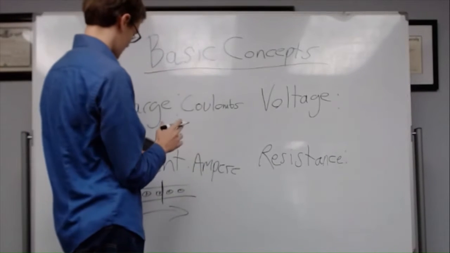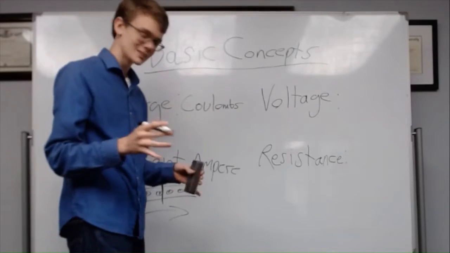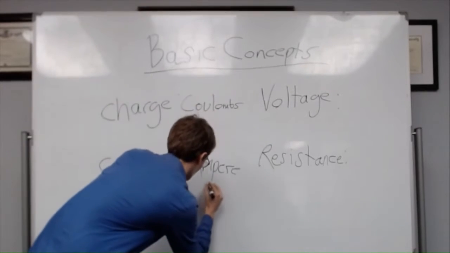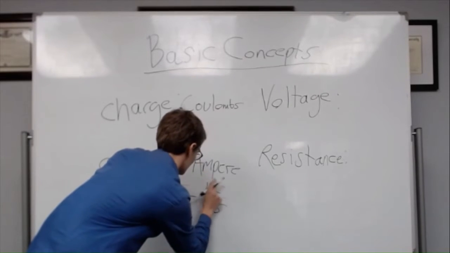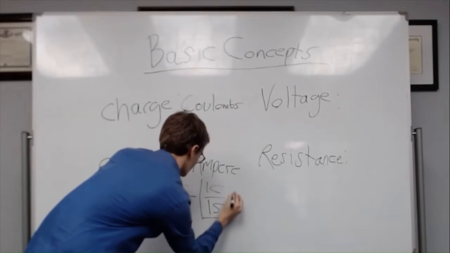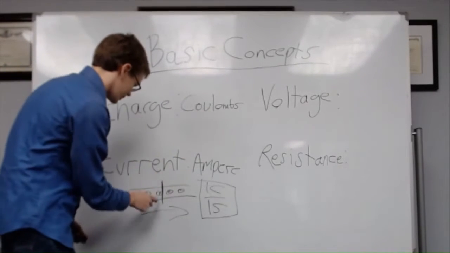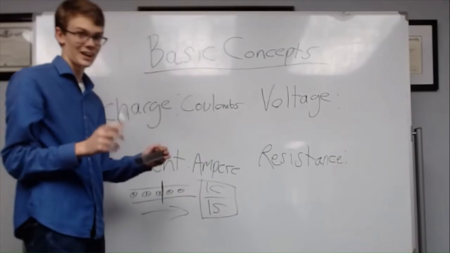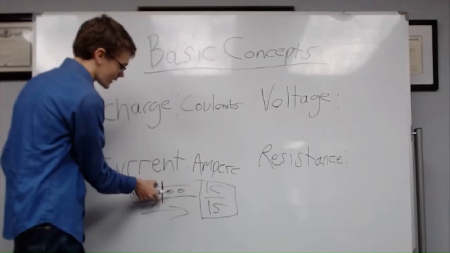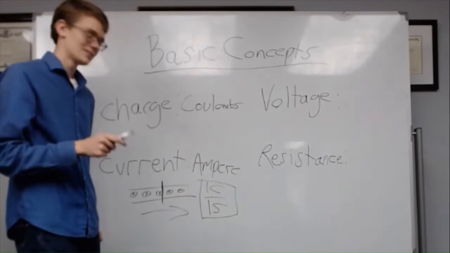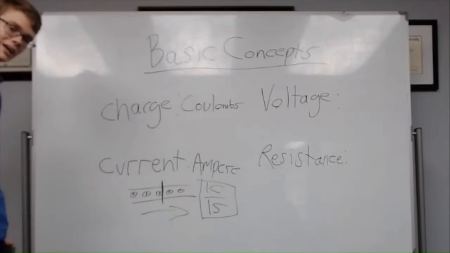An ampere is an abbreviation for 1 coulomb per 1 second. That means that if a coulomb of charge, which remember is a lot of charge, is moving through this wire every 1 second, then that is 1 amp of current.